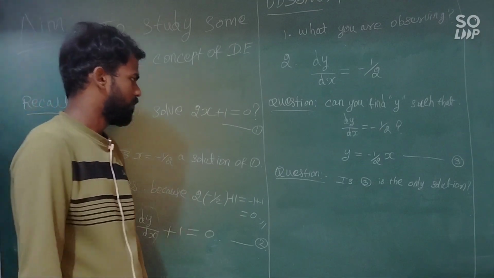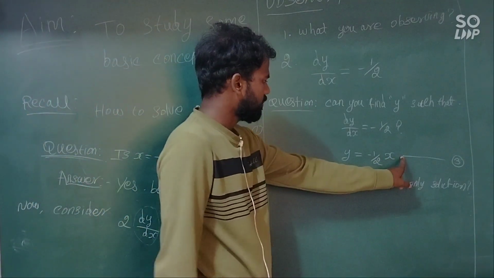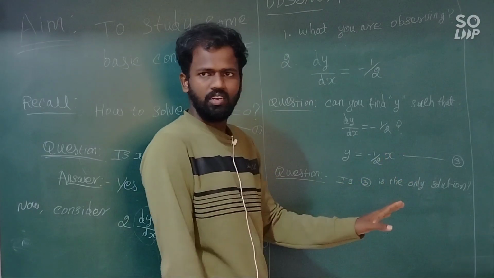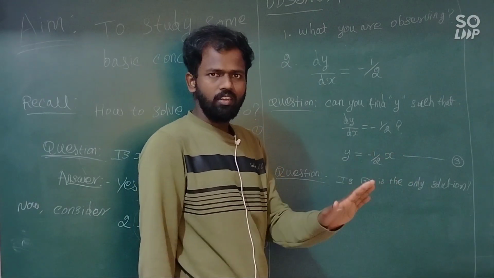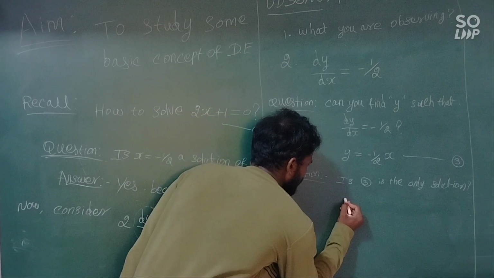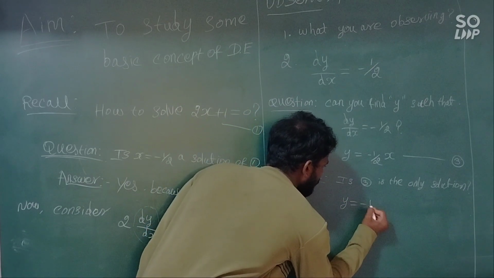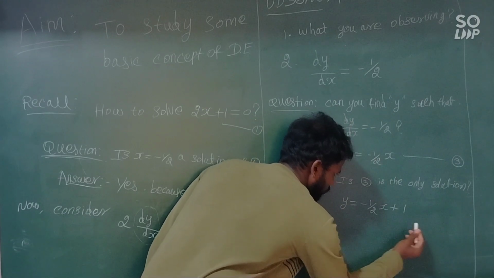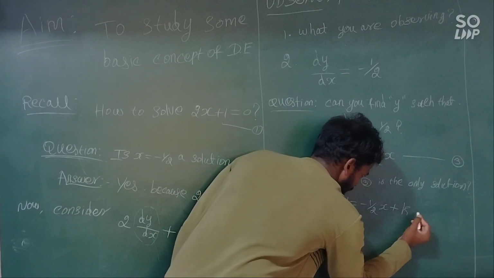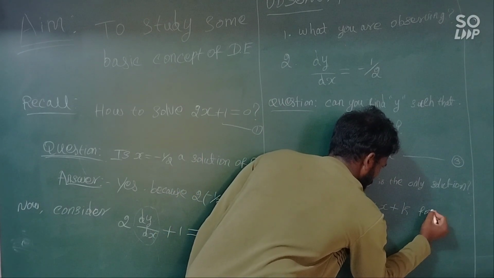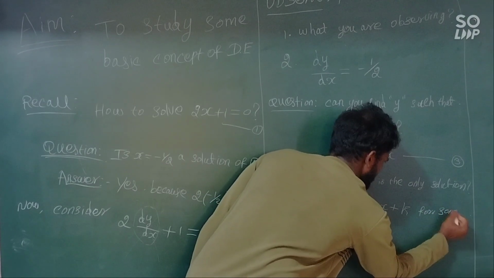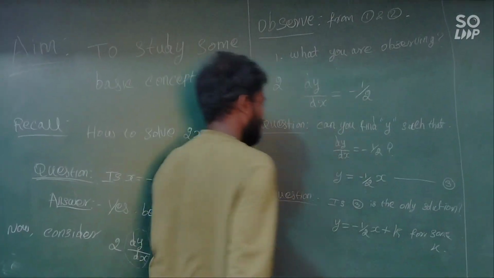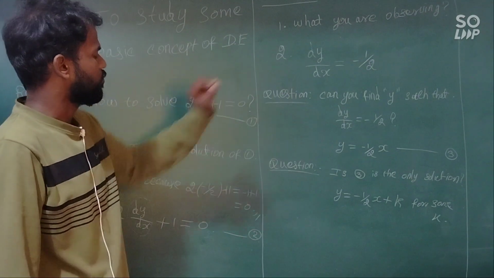Yeah. No. Because if you add some constant also, this will work, because we know that the derivative of a constant function is 0. That means your solution could be plus 1 or plus 2 or some constant k. Right? So this is the solution of this one.